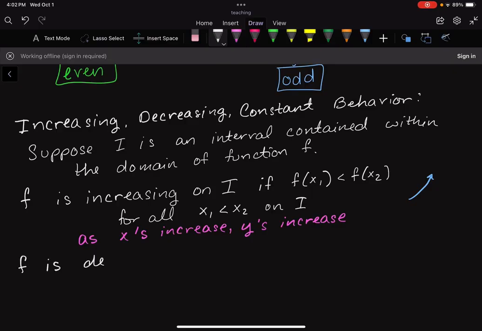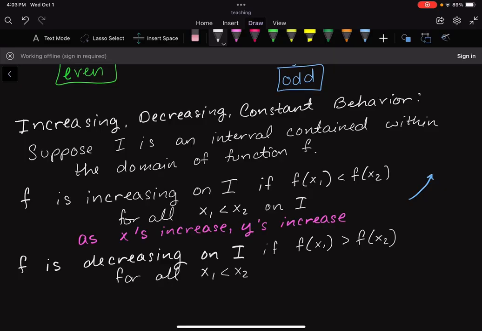Now we say that f is decreasing on our interval I if f of x1 is greater than f of x2 for all x1 less than x2 on our interval.